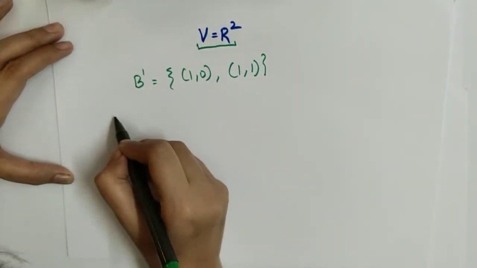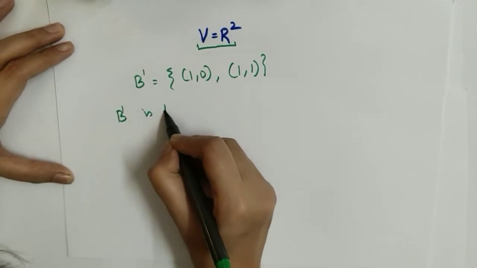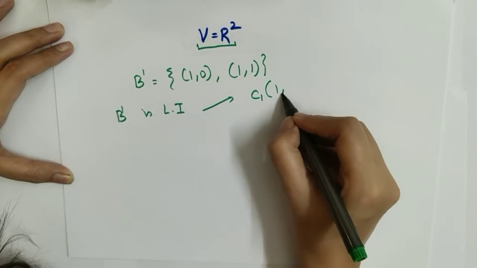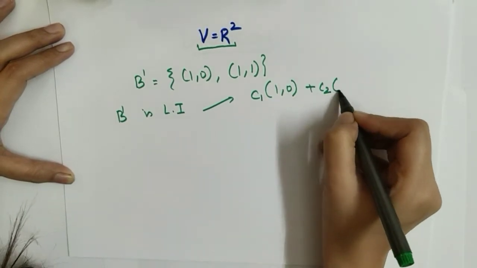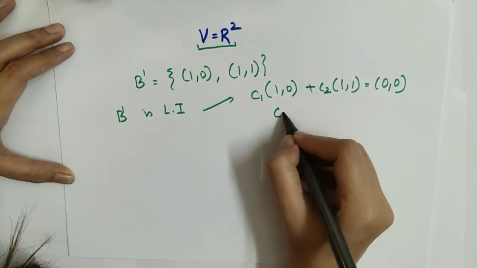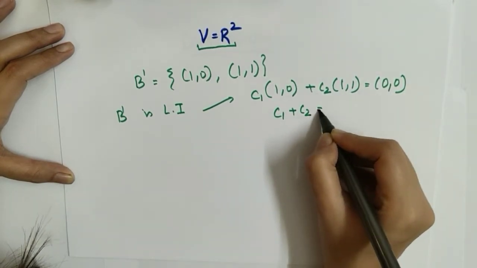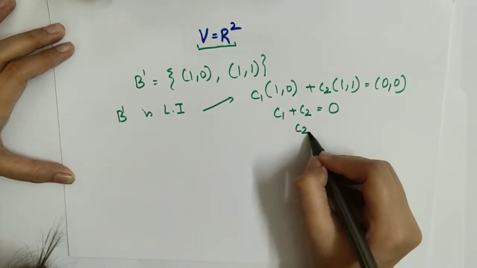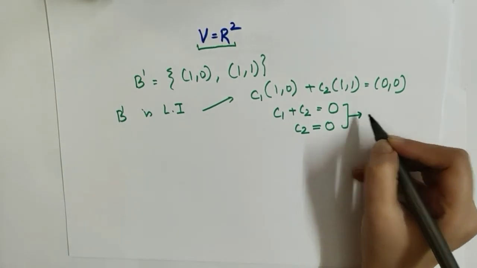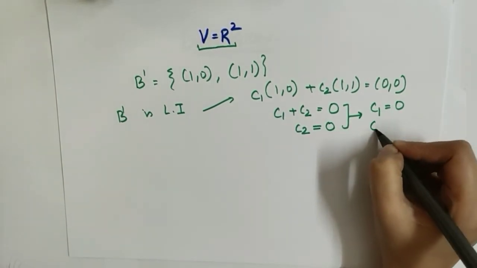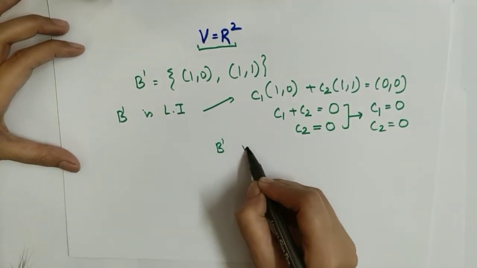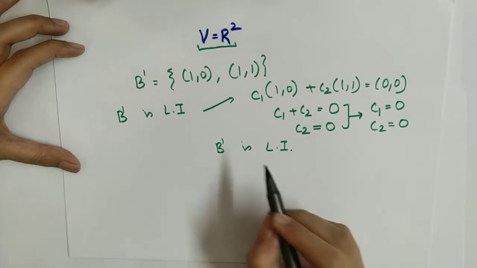Again, it can be seen that B dash is linearly independent, since if we take c1 (1, 0) plus c2 (1, 1) equal to (0, 0), then we get c1 plus c2 equal to 0 and c2 equal to 0. Both of these conditions imply c1 is 0 and c2 is 0. Thus, B dash is linearly independent.